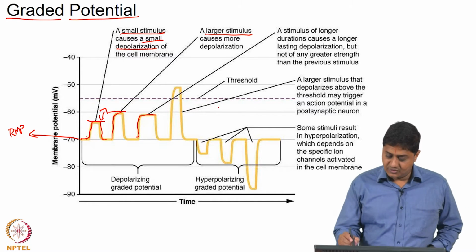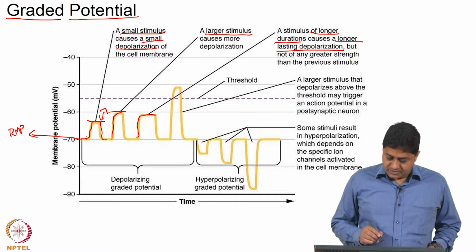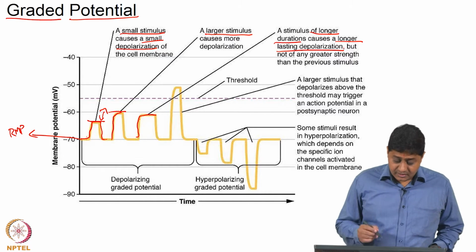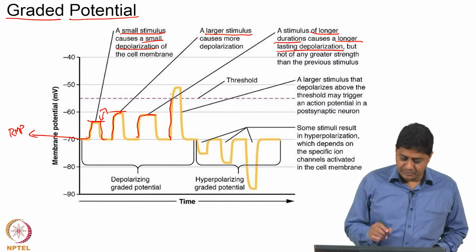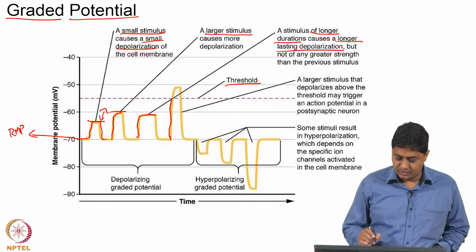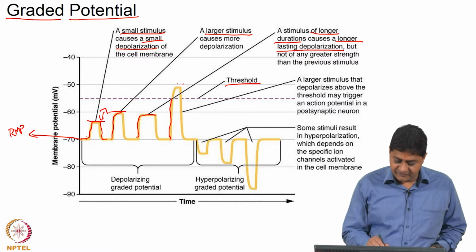So, a stimulus of longer duration causes a longer lasting depolarization. And suppose the stimulus causes a depolarization that is above a certain point, which we are going to call a threshold, then it is going to cause what is called an action potential. That topic we will discuss later.